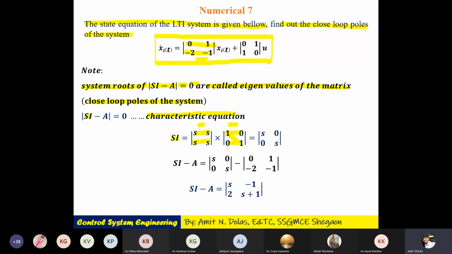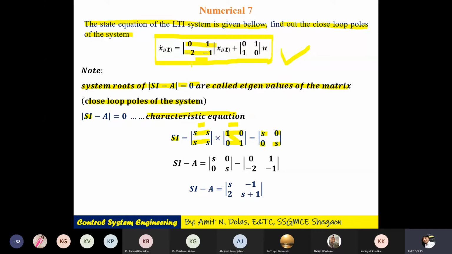Multiplying, the off-diagonal terms will be 0 and the diagonal ones remain, so S is present, because we are converting this state equation into S form. Once it is in S form, we can solve the characteristic equation and get the poles of the system, maybe imaginary, maybe real.